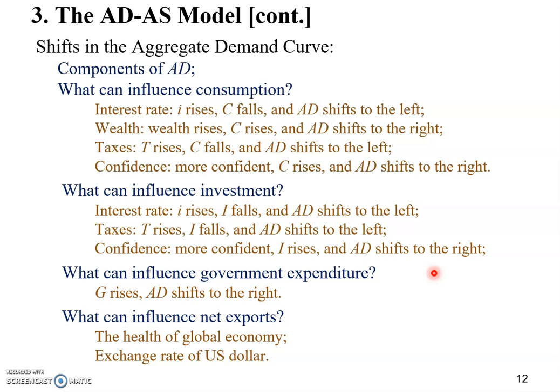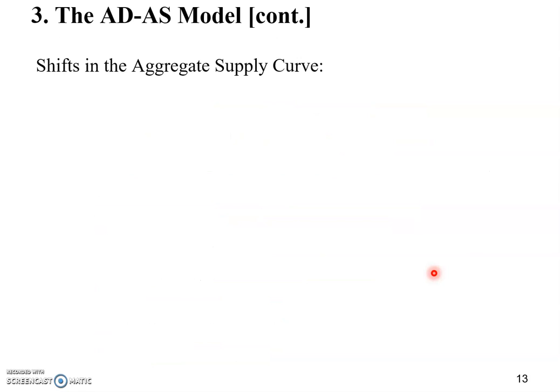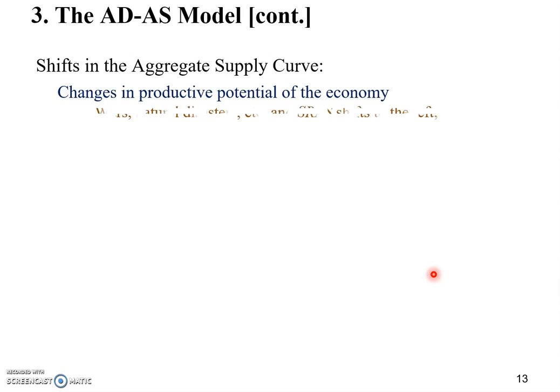Okay. Now let's take a look at the factors that could change the aggregate supply curve, especially the short-run aggregate supply curve. Okay, compared to the demand analysis, the supply side would be much more straightforward, okay, or simpler. Now, here we're looking at the factors that could change the productive potential of this economy.